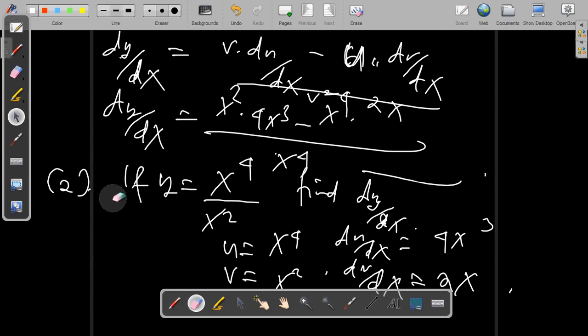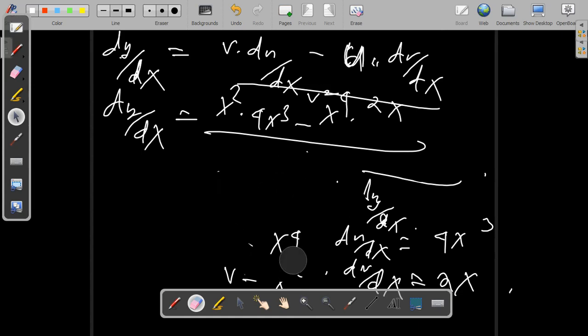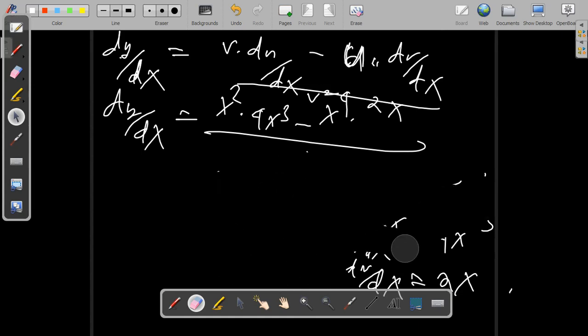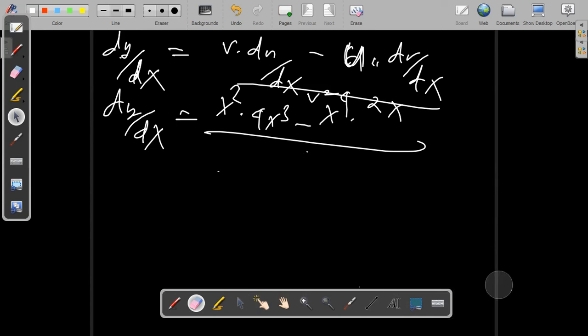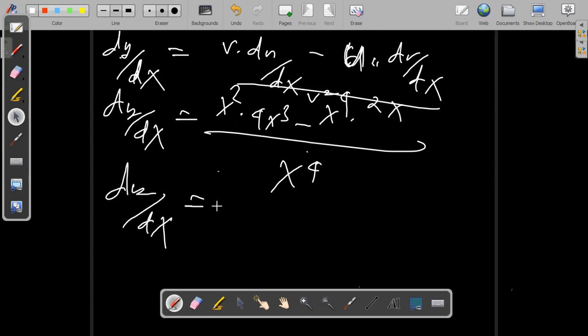So when we actually solve this equation here, you come to observe that our v squared is x raised to 4, as I told you. So you look at how you can simplify the equation more, because dy over dx is equal to plugging in this value here and this value here.